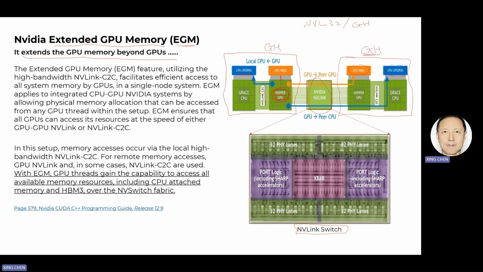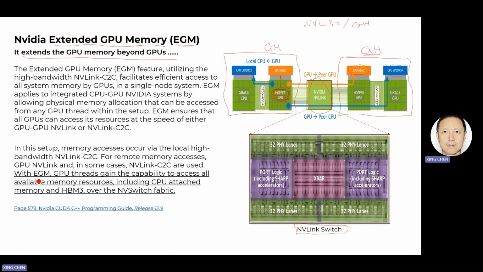It's just here to explain that you have this kind of capacity for the GPUs to access more than their HBM memory. This is EGM. There is no mystery here.